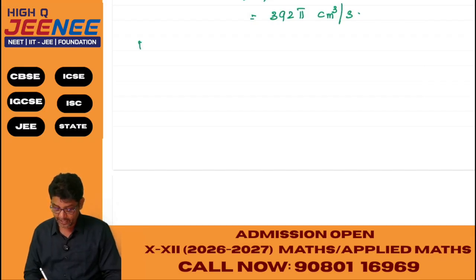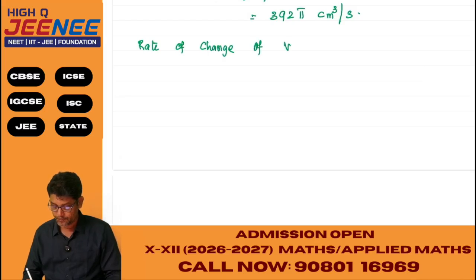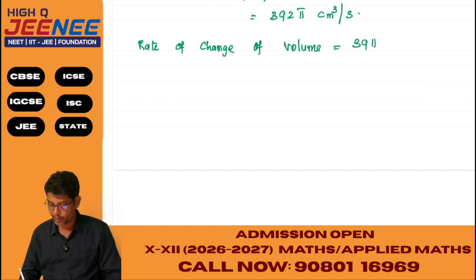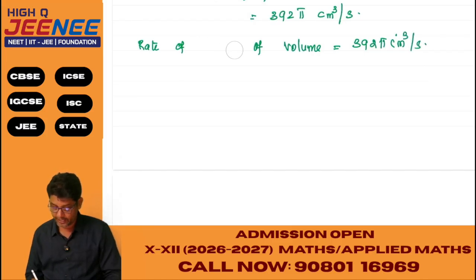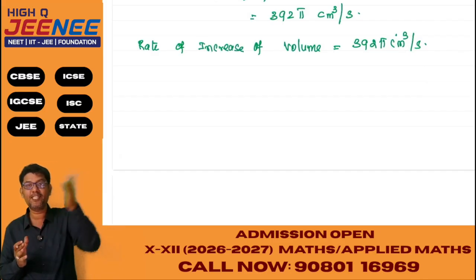And write the final answer. Therefore, rate of change of volume is equal to 392 pi centimeter cube per second. Here, instead of writing rate of change, the change is either increase or decrease only, right?